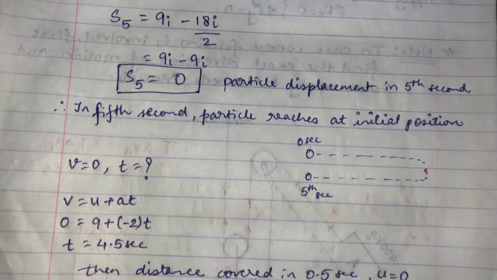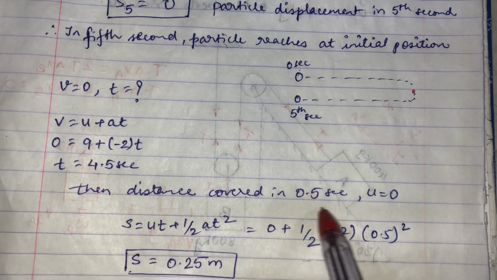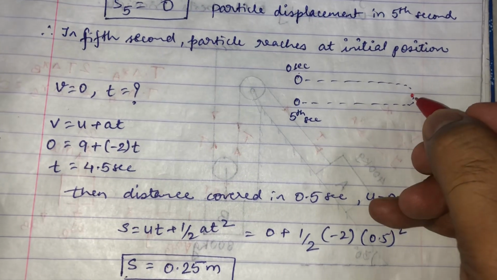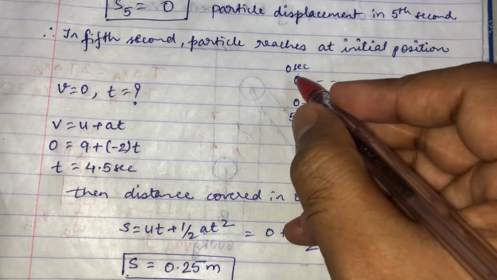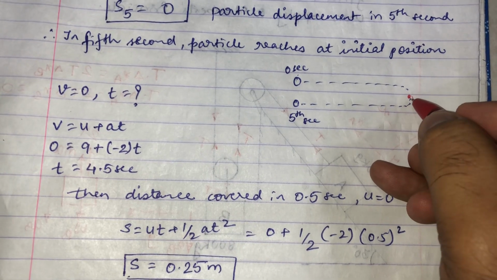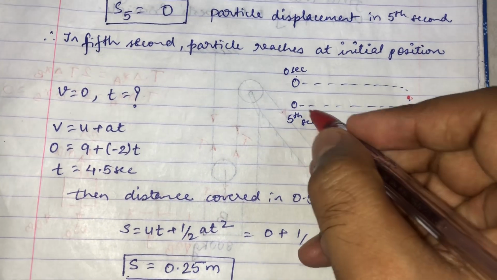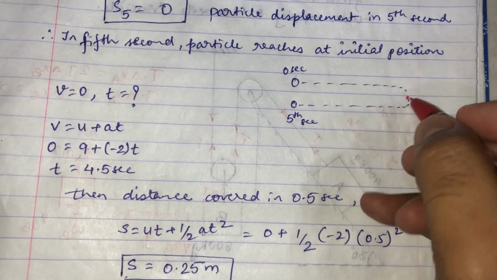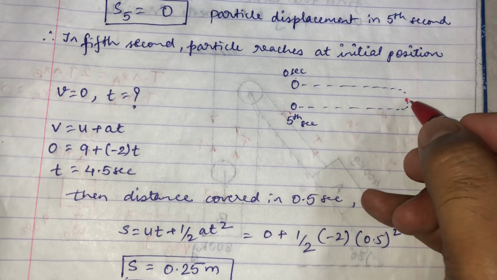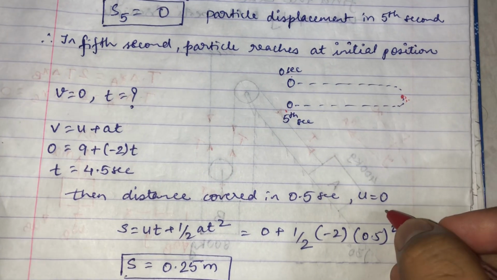Okay, so now what is happening? Then distance covered in 0.5 second is how much? Let's take this as the point where the velocity is 0, and from here till here the time taken is 4.5 seconds. So from here till here it is 0.5 second, because the remaining will be 0.5. If I take a motion from here, then this will become the initial velocity, and initial velocity is 0 we are considering.